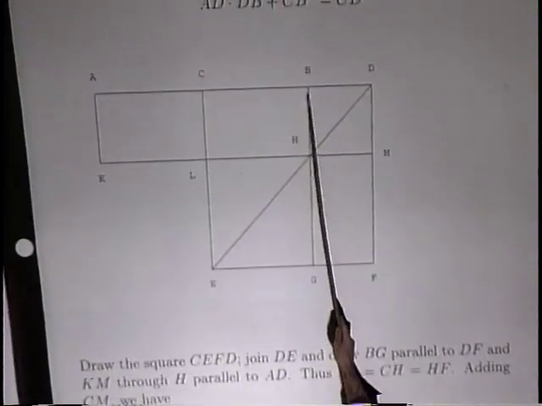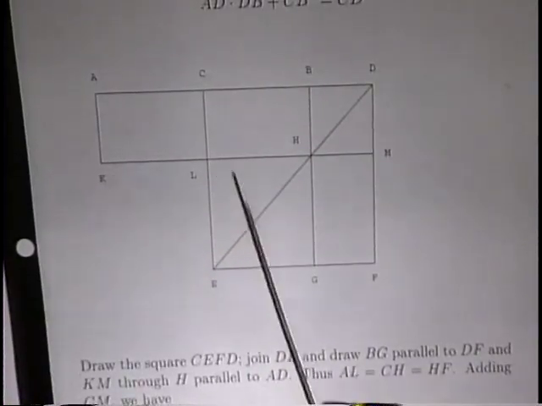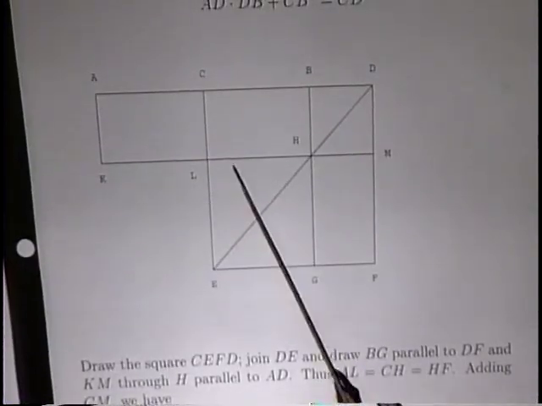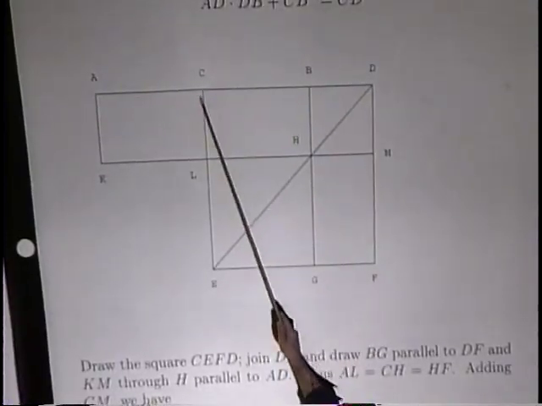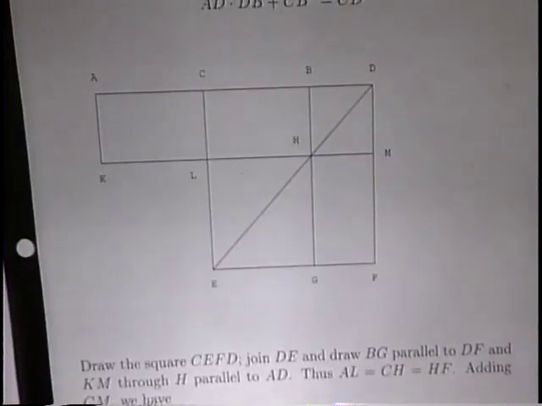Well, this is a half. So this is the square on the half, is equal to the square on the straight line made up of the half and the added straight line. Well, there's the half, and there's the added straight line, so there's the square made up of the two. And what does it say?